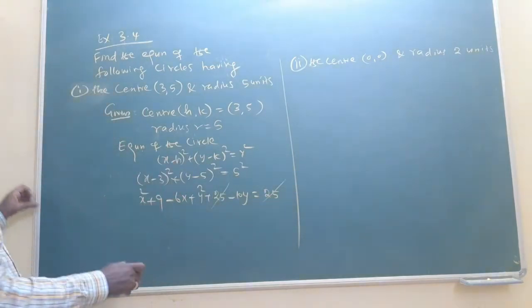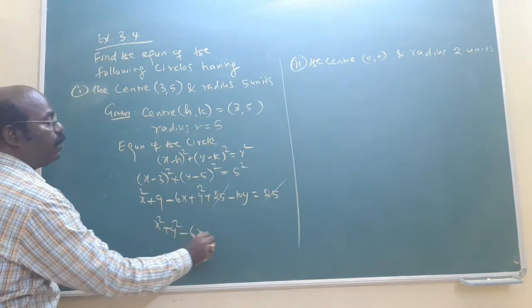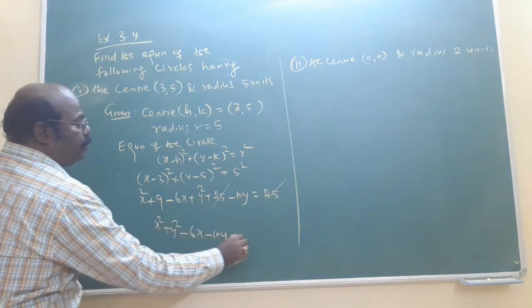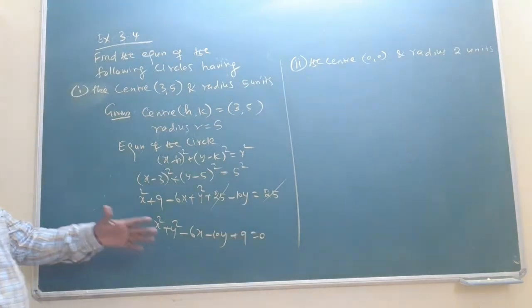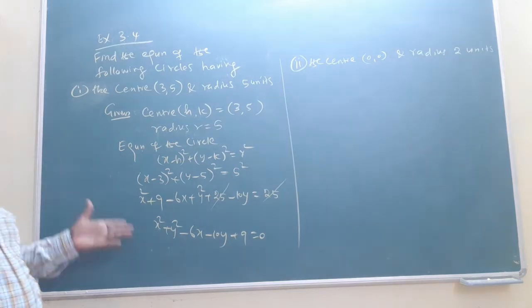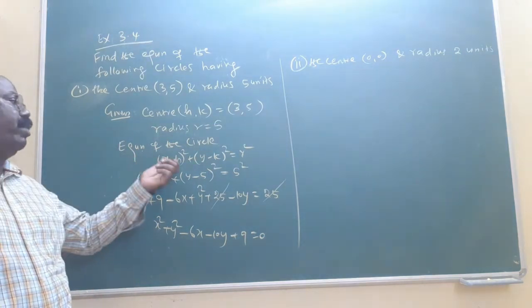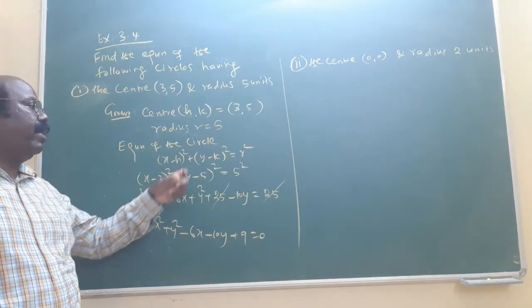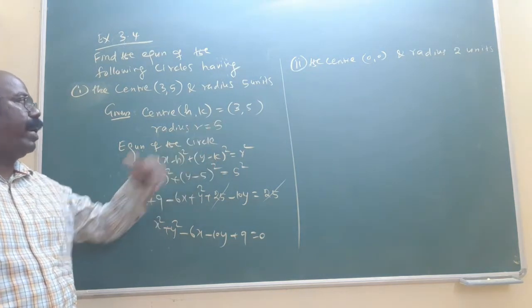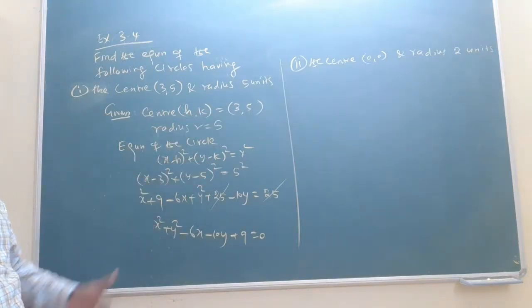Now write in order: x² term, then y² term, x term, then y term, then the constant term. This is the required circle equation. Am I right? Very simple concept. 2 mark or 3 mark. Center given, radius given. The formula for this one is (x − h)² + (y − k)² = r². Substitute the (h, k) values and r value. Then simply we get the answer.